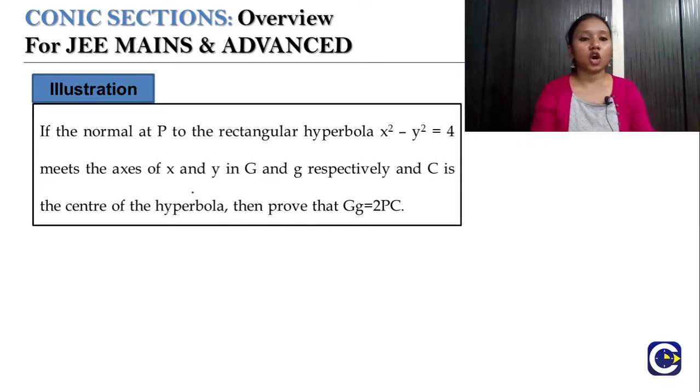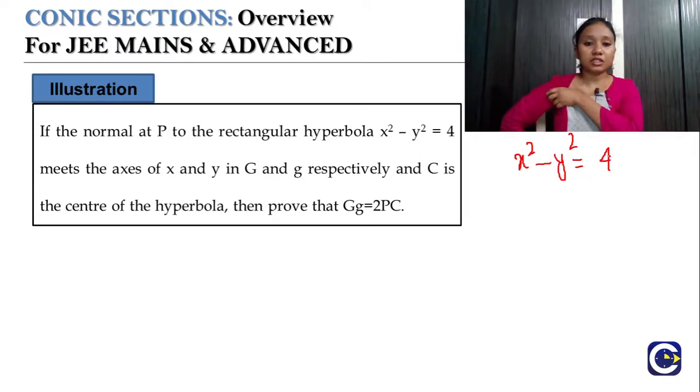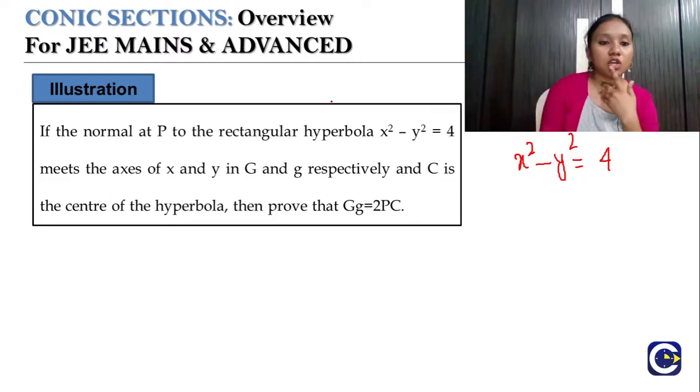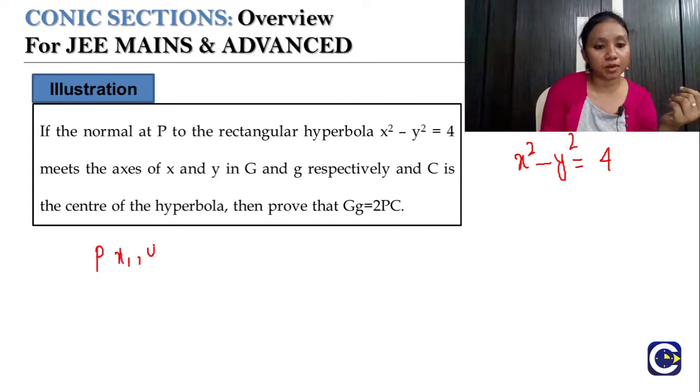So if the normal at a point P to the rectangular hyperbola x square minus y square is equal to 4 meets the axis of x and y in capital G and small g respectively. Right. So here there is a normal drawn at a point. So first what you can do, you can take a point P with the coordinates x1 comma y1.